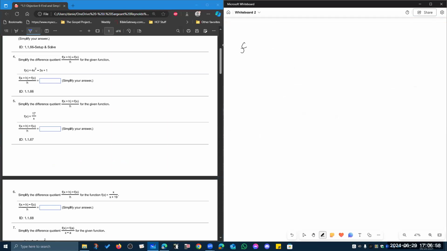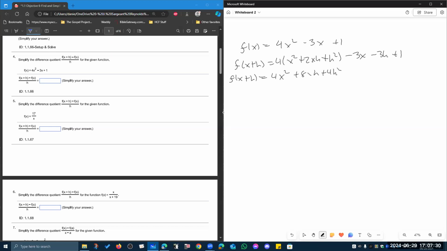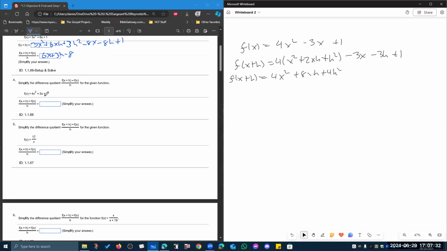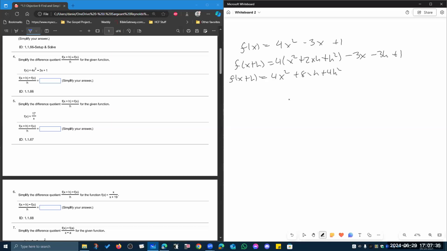This next one, f of x, is equal to 4x squared minus 3x plus 1. So f of x plus h is 4 times x squared plus 2xh plus h squared minus 3x minus 3h plus 1. So f of x plus h is 4x squared plus 8xh plus 4h squared minus 3x minus 3h plus 1.